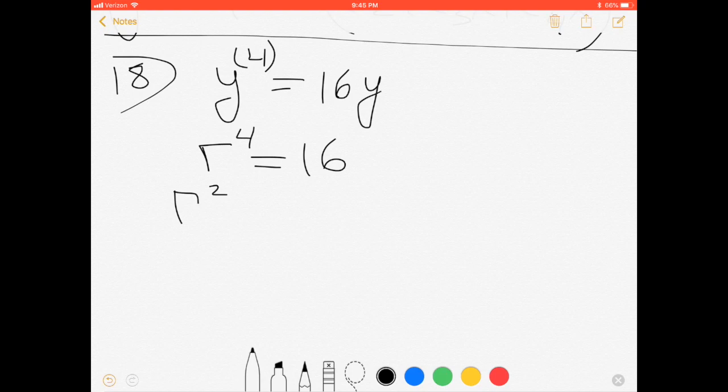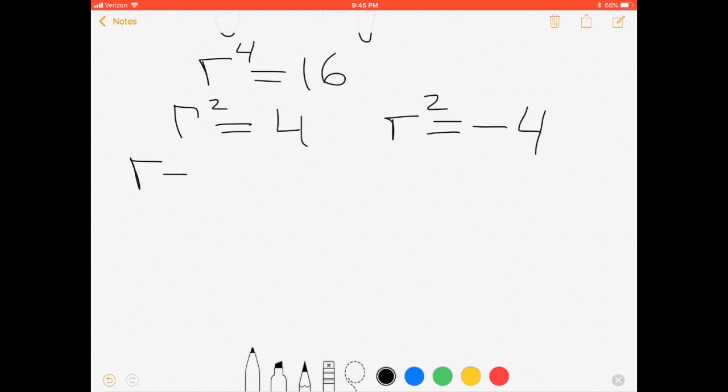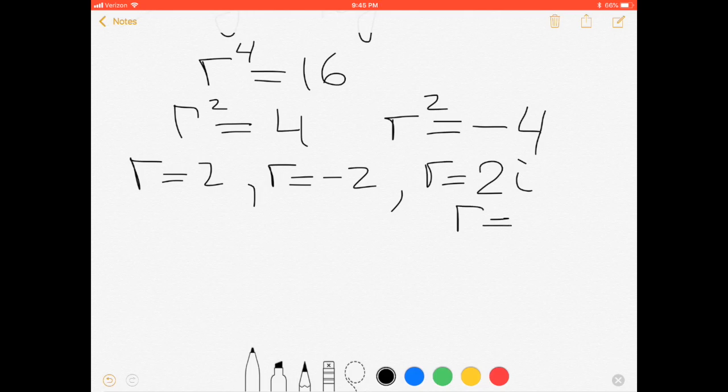It means r squared equals 4 and r squared equals negative 4. This means r equals 2, r equals negative 2, r equals 2i, and r equals negative 2i.